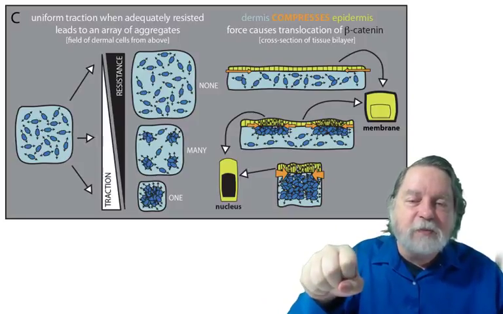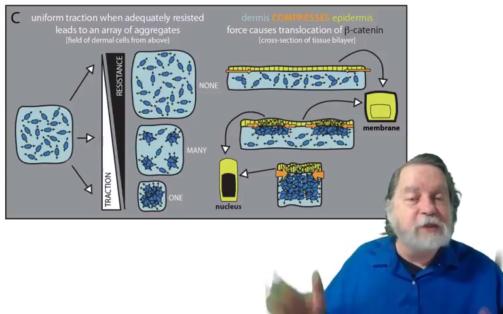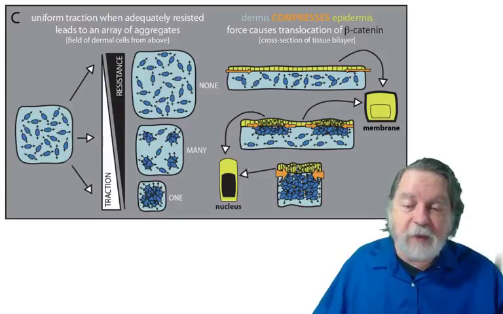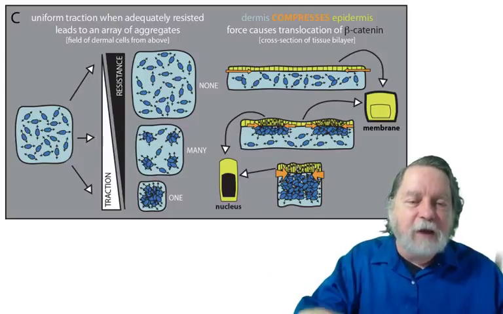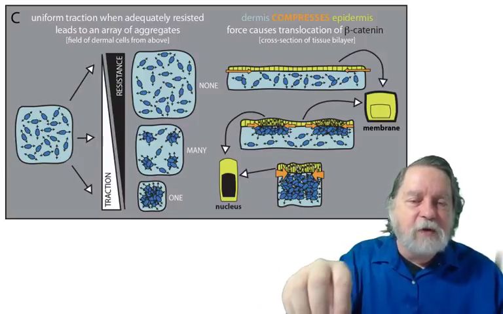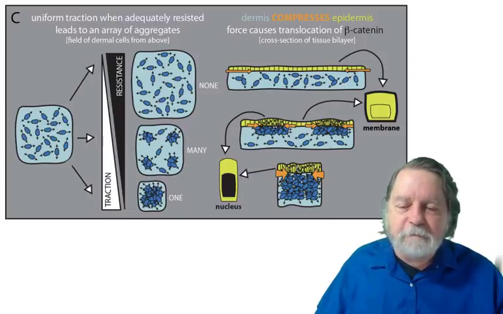If it's too much compression, the whole thing crumples in on itself, and you only get one localized region of beta-catenin, which is useless if you're trying to make a distributed pattern. But if you're in that sweet spot, that intermediate range of traction and resistance, then you get localized distributed patterns of beta-catenin.